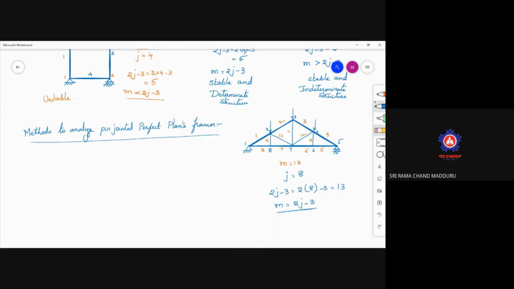Here the methods to analyze pin jointed perfect plane frames are: first method, method of joints; second, method of sections; third, tension coefficient method.